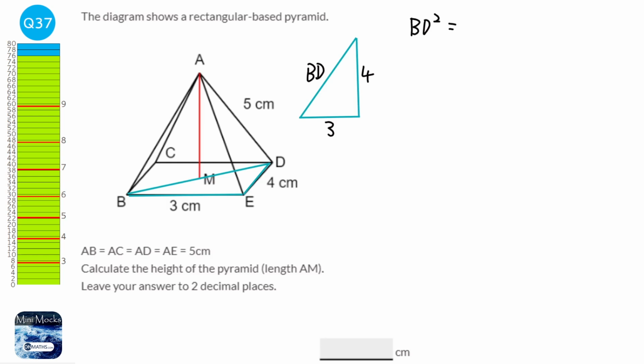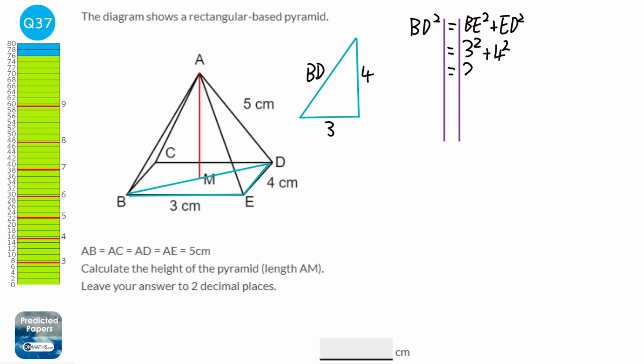We've got BD squared equals BE squared plus ED squared. Get our little tram lines in. Okay, so BE is 3, so it's going to be 3 squared plus 4 squared, and that's going to equal 25. Square root both sides, and we've got BD is equal to square root of 25, which is just 5.